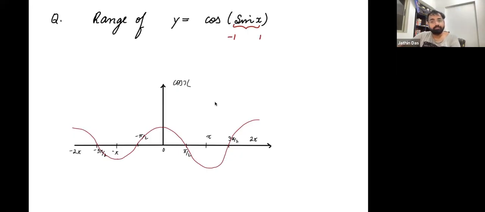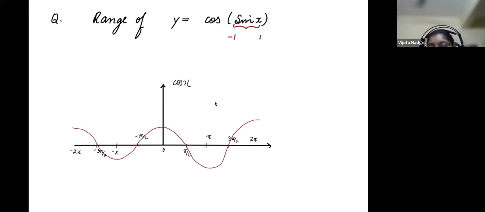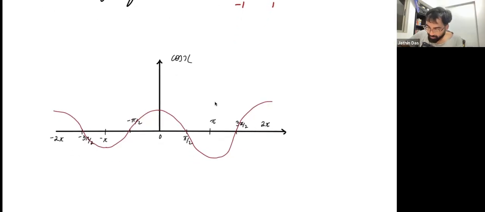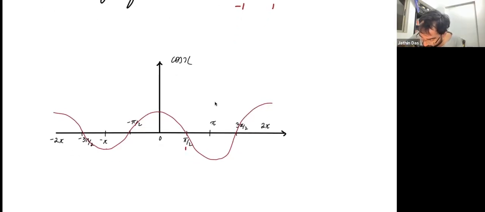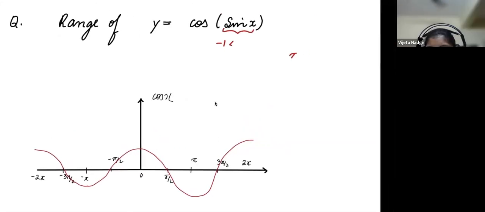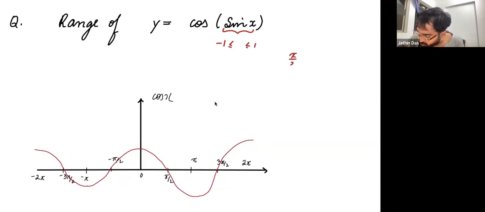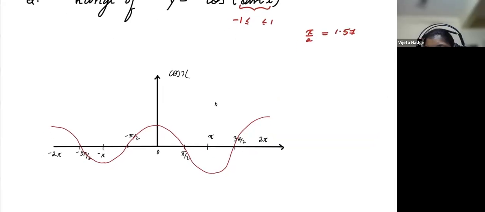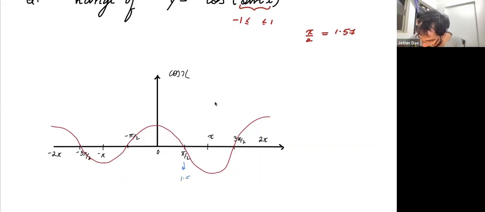Understand that? Now 1 is in radian. So pi by 2, what is it actually? Pi by 2 is actually 1.57. This value is 1.57 and this is minus 1.57. So where will 1 come? Here maybe -1 will come, here 1 will come.